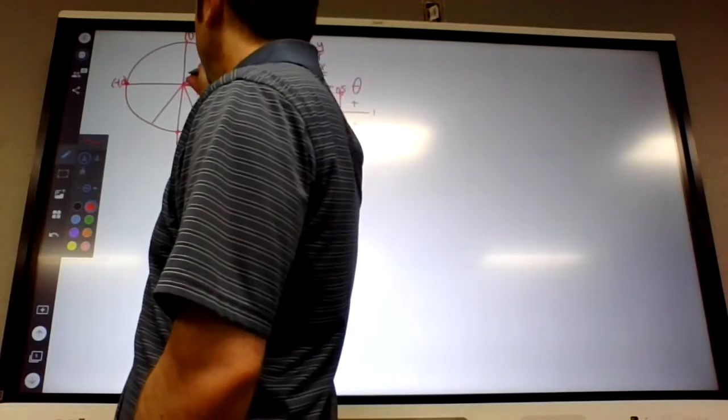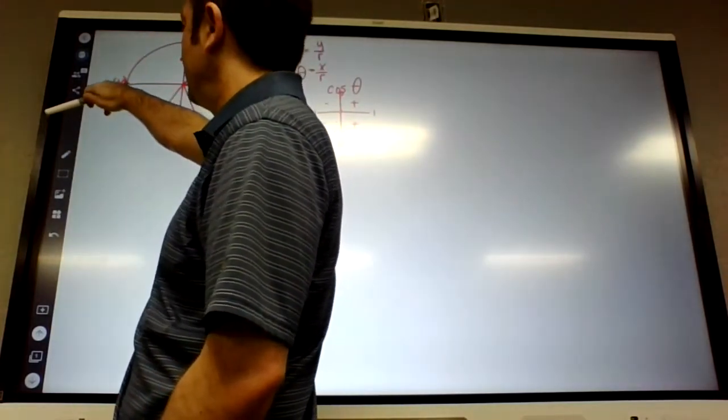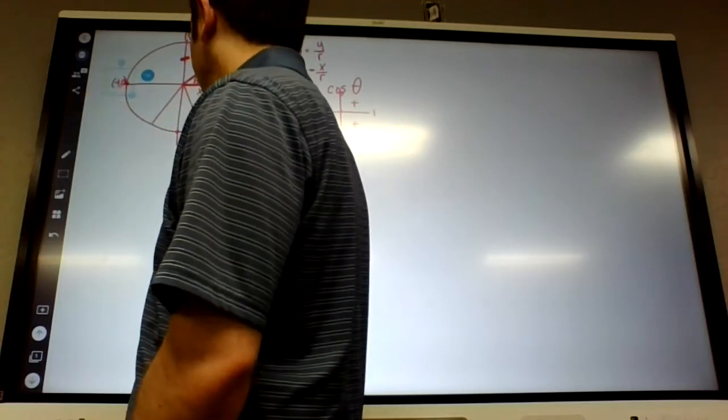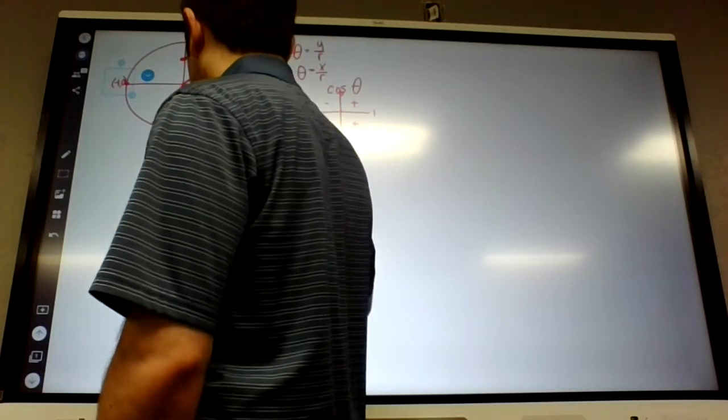Looking at this picture, 180 degrees is over here. Sine is based on the y value, and the y value is 0. So 1a is 0.